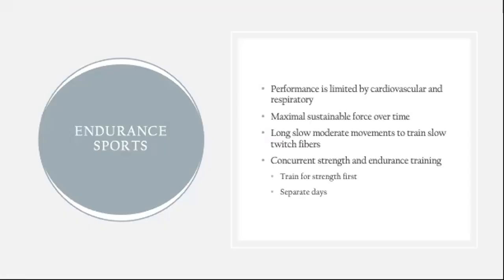So optimal performance for muscular endurance requires both endurance and strength within a program, even though the goal is not to enhance, again, maximal strength per se, but it is to generate force produced by those type 1 fibers that are highly oxidized, which allows the athlete to work for extended periods of time before the onset of fatigue.